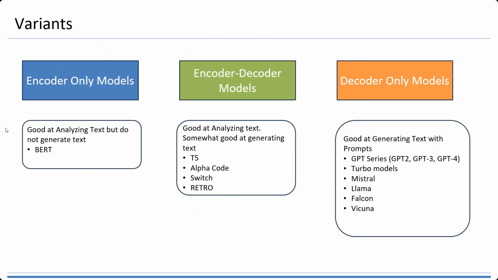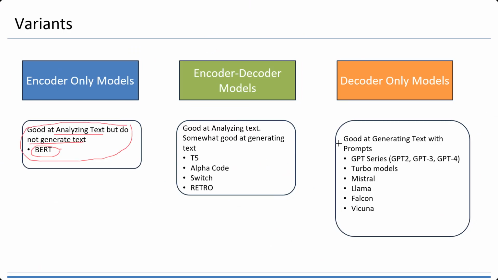So the encoder only model is good at analyzing text, but does not generate text. So the encoder only model like BERT is good for text analysis. You can do sentiment analysis, text classification, question and answer pairing, etc. with BERT.